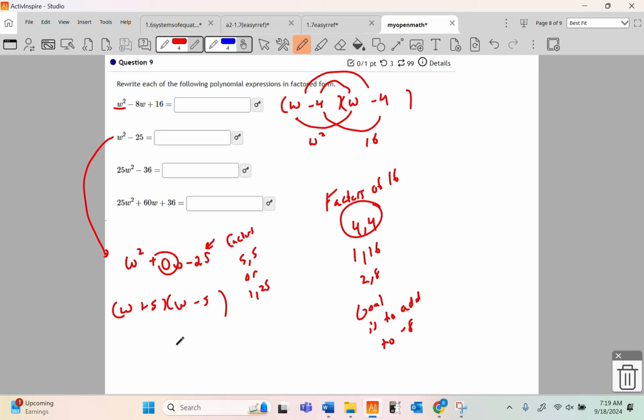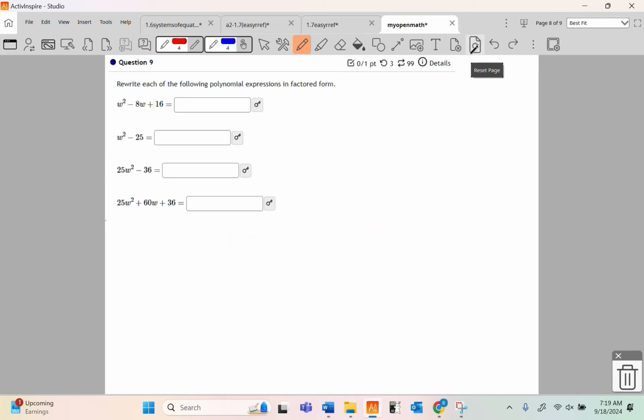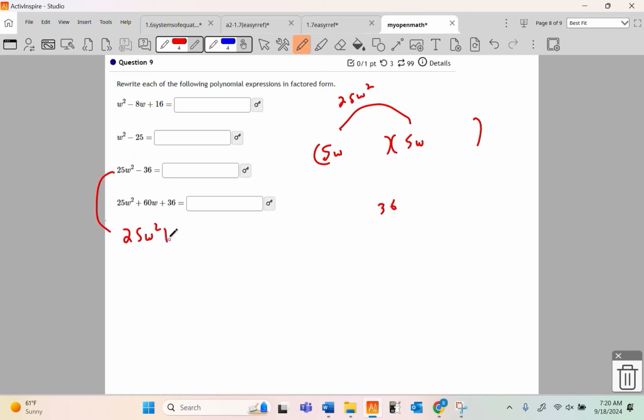When I move on to the third one, this is also another difference of two squares. It takes a 5w and a 5w to create 25w squared. And when you talk about 36, by the way, remember that this is 25w squared plus 0w minus 36.